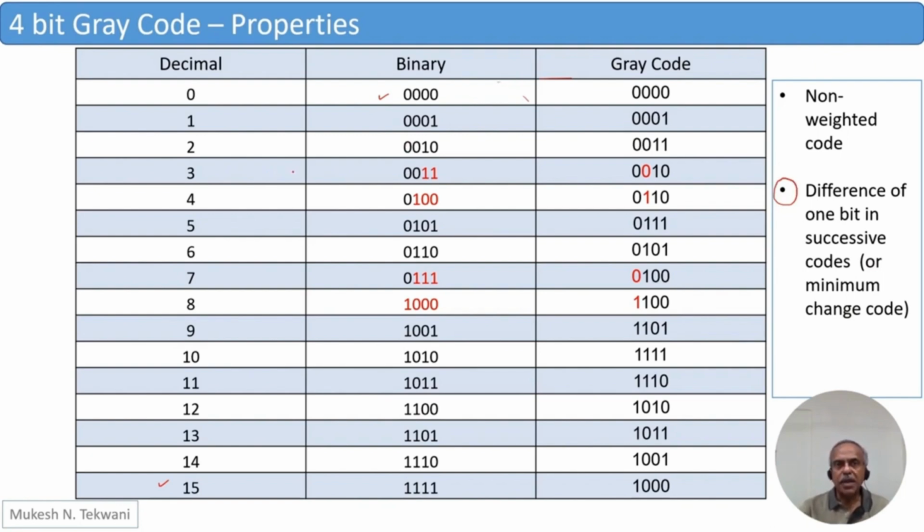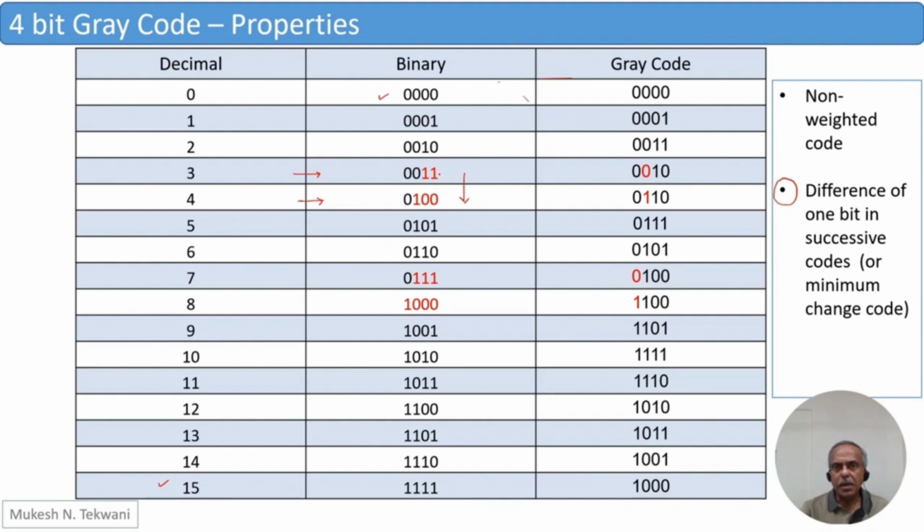The binary value of decimal 3 is 0011. As we go from decimal 3 to decimal 4, the binary value of 4 is 0100. Now you can observe that as we go from 3 to 4, there is a change of 3 bits.